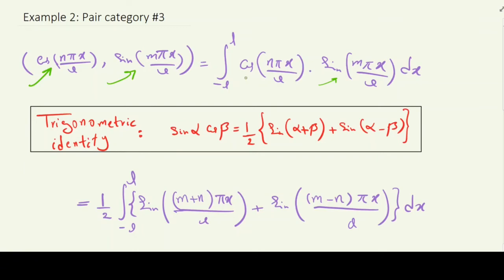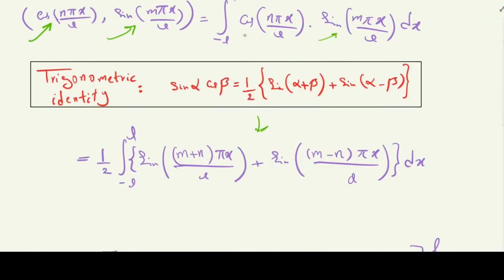So now here we have the product of these two trigonometric functions, and we need to rewrite this in a simpler fashion. In order to do that, we can use this trigonometric identity shown here. If we use this identity, then we can rewrite this integral as shown here.